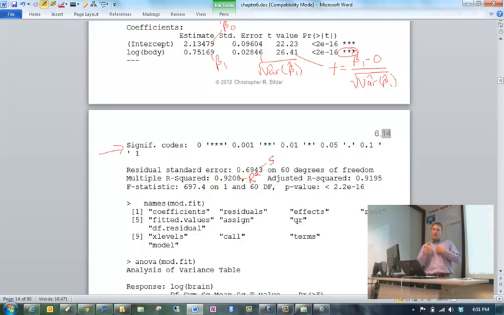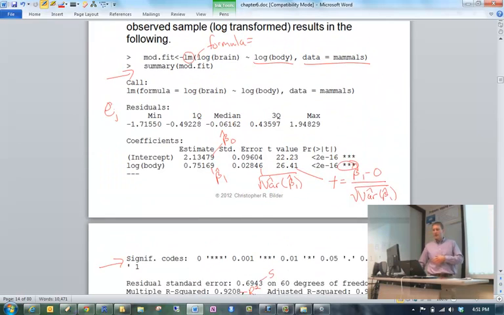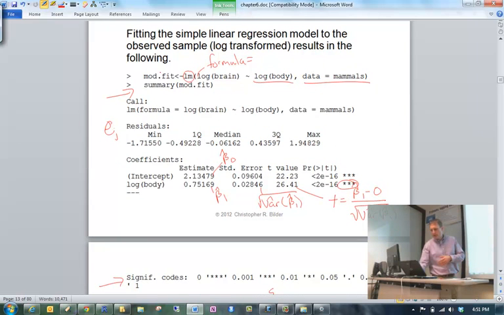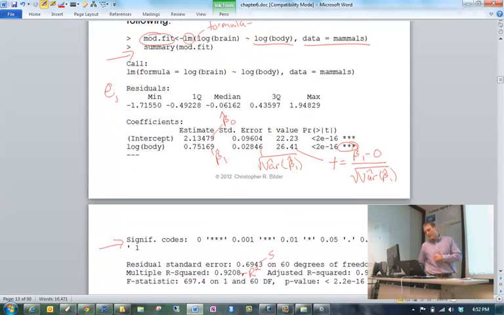Now there's actually a whole bunch more stuff inside of this mod.fit. And by the way, the reason why I use mod.fit, and I will always use that in this class, stands for model fit. You could call it something else where you save the results from the LM function. I just call it mod.fit.